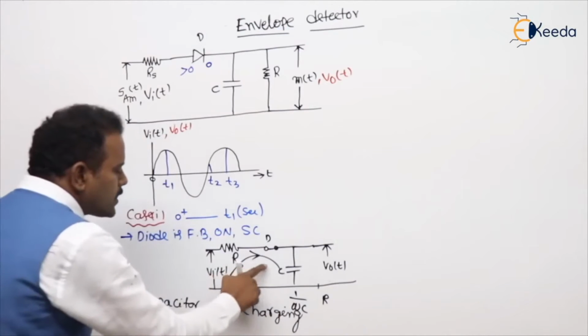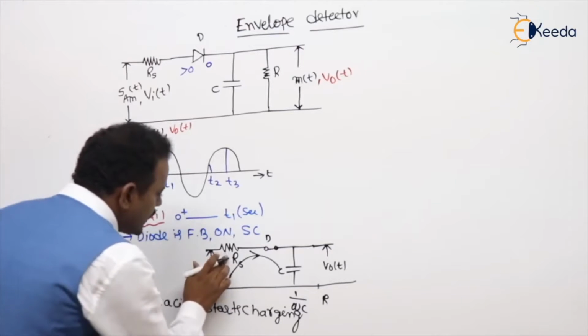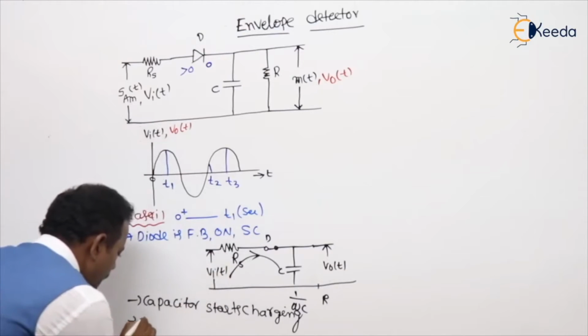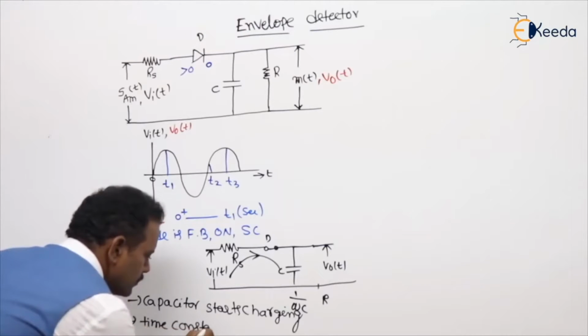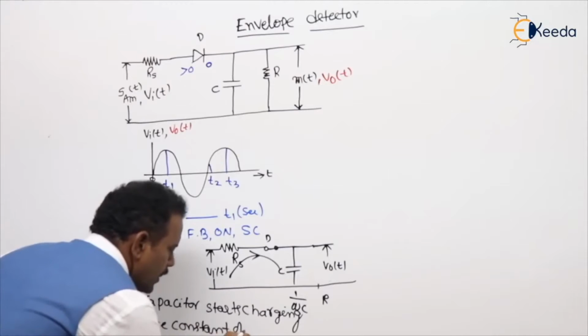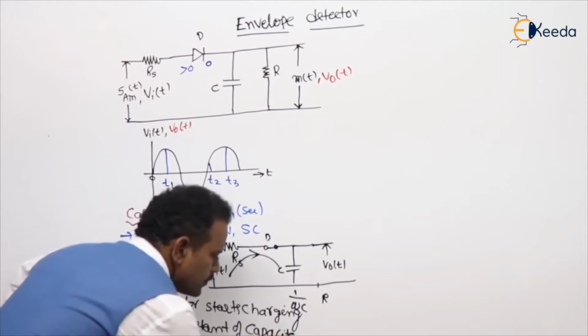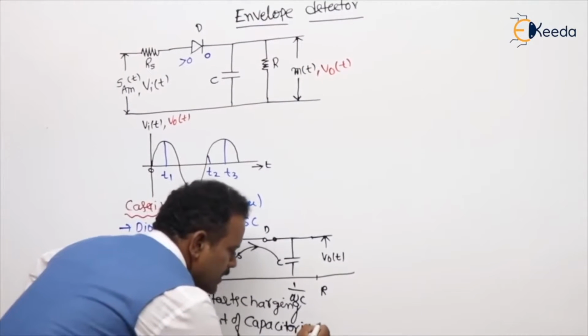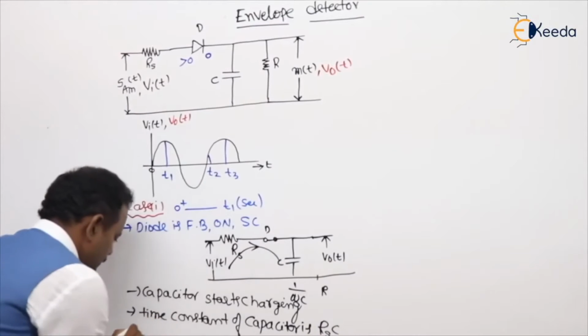What is the time constant of a capacitor? RC. Through which resistor is it charging? Through RS. So the time constant of the capacitor is RC, and it is charging through RS, so RSC.